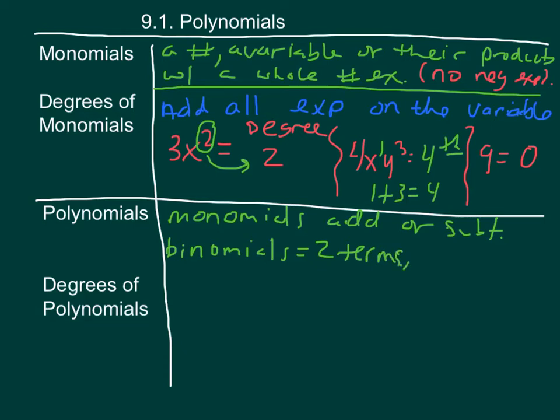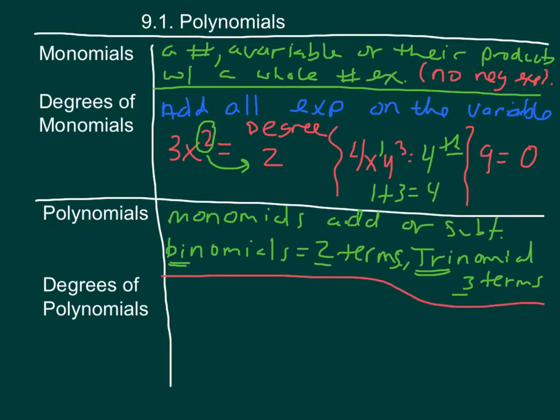And we also have trinomials, meaning three terms. Okay, so bi meaning two and tri meaning three, just like bicycle and tricycle, same exact thing.